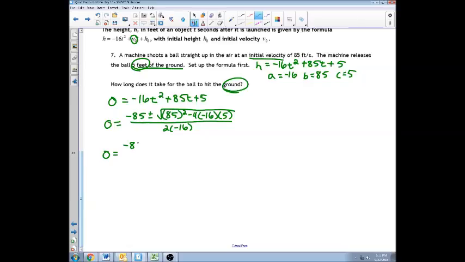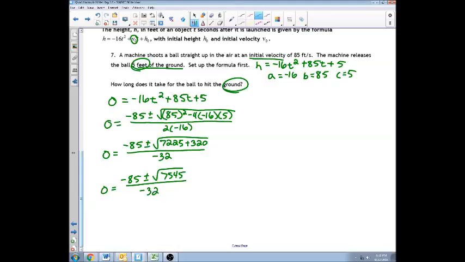So negative 85 plus or minus the square root. 85 squared would get me 7,225. Negative 4 times negative 16 times 5 would get me positive 320. And that'll be over 2 times negative 16, which is negative 32. I'm going to continue simplifying. So negative 85 plus or minus the square root of 7,545 over negative 32.